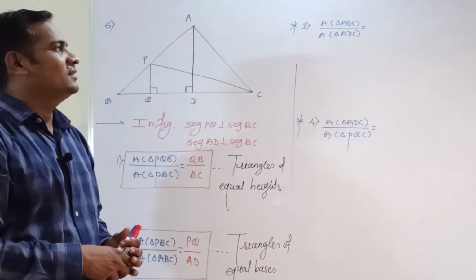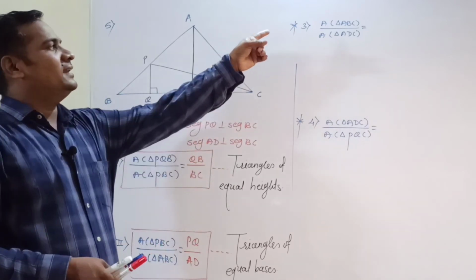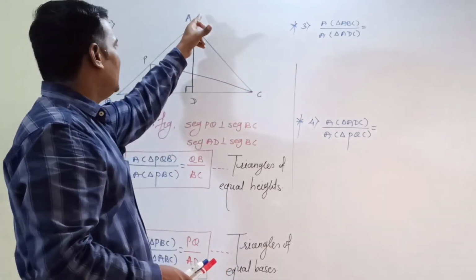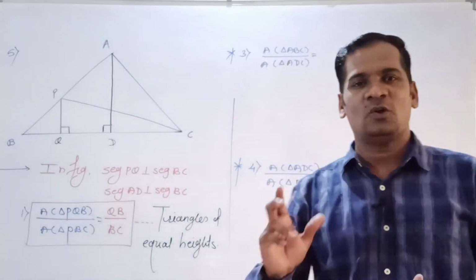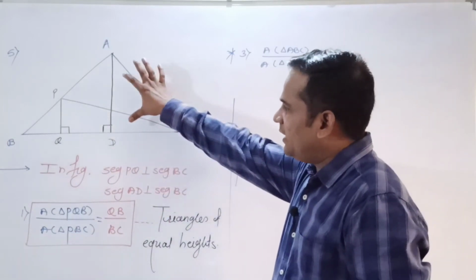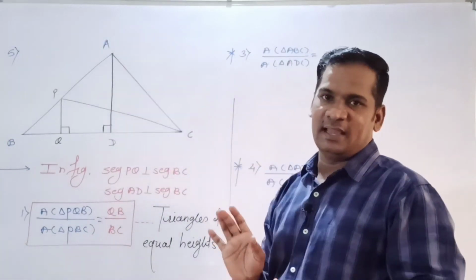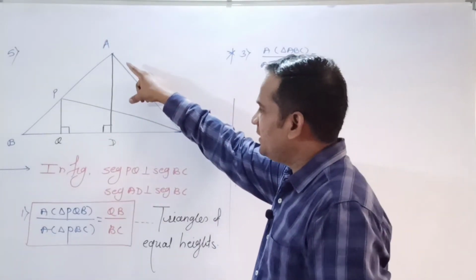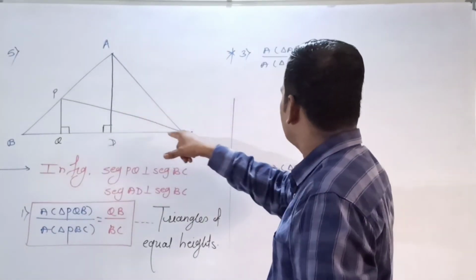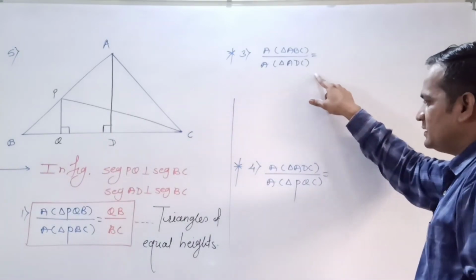Now the third one, again triangle ABC, in which BC is the base of the triangle ABC and AD is the height of the triangle ABC. Now another triangle is ADC. Now this is the triangle ADC.